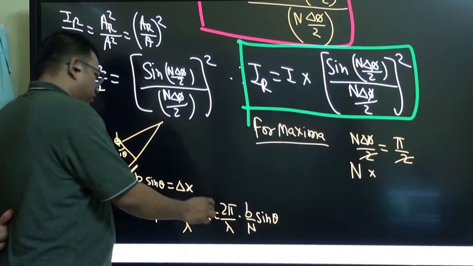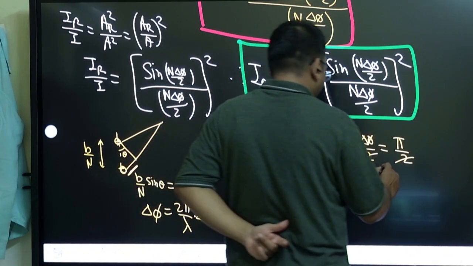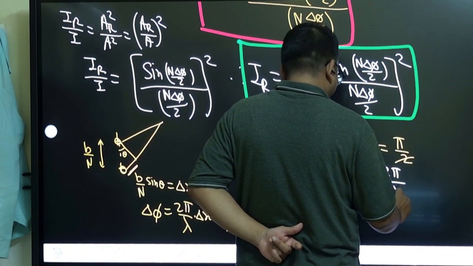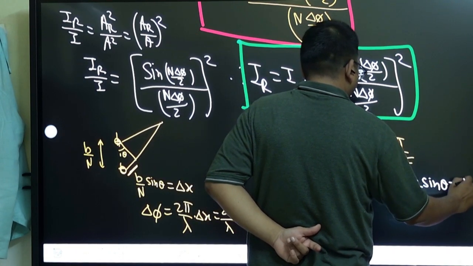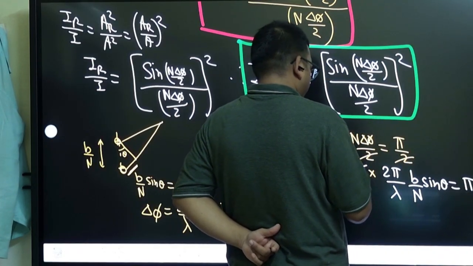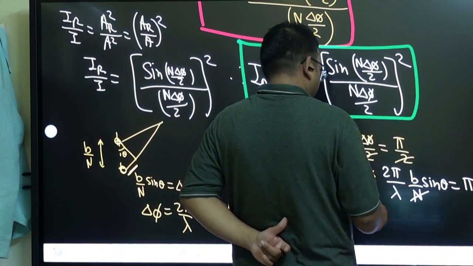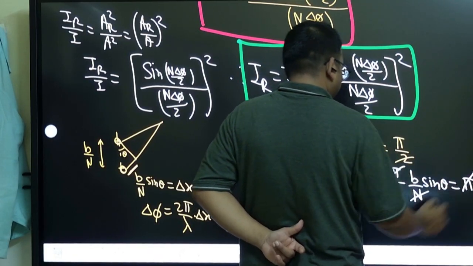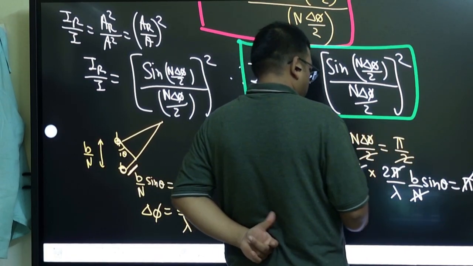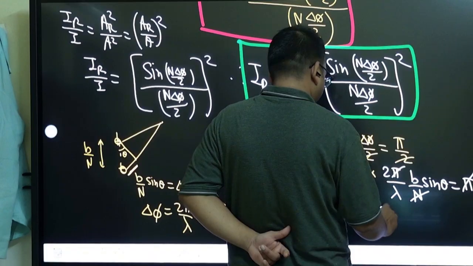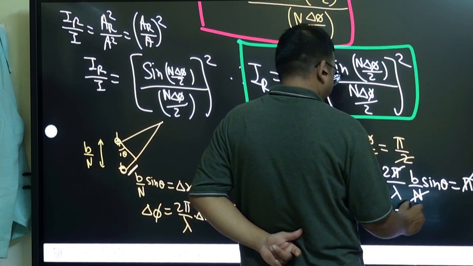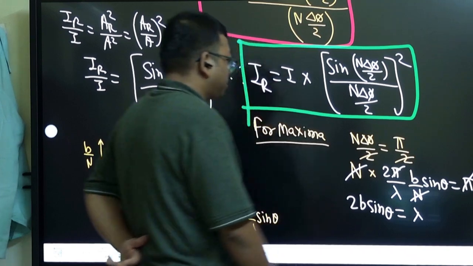So 2 pi by lambda times b by n times sine theta is equal to pi. So the n factor gets cancelled and pi also gets cancelled. So 2b sine theta comes as lambda. Correct.